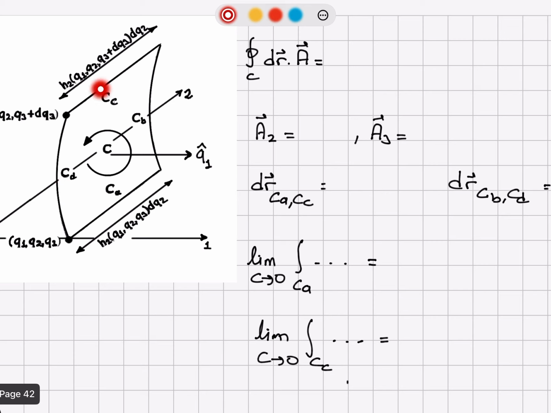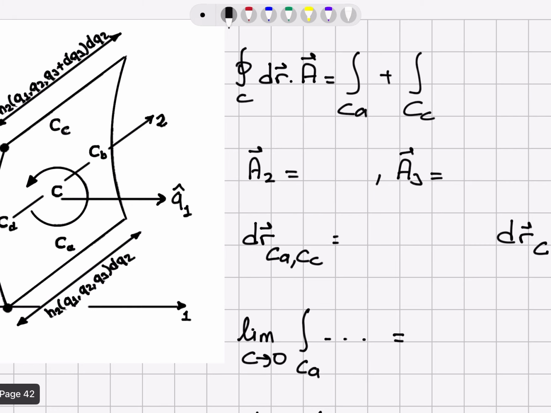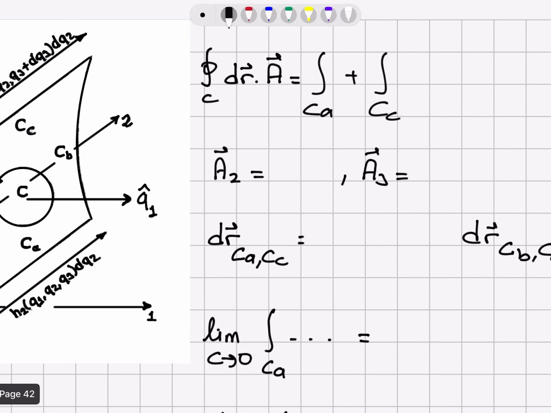For the integral on CA and the integral on CC, I have a variation on the Q2 axis, so it's H2 dQ2 multiplied with the component of the area vector on the Q2 axis, so this is A2, so H2 dQ2 A2 terms will appear.